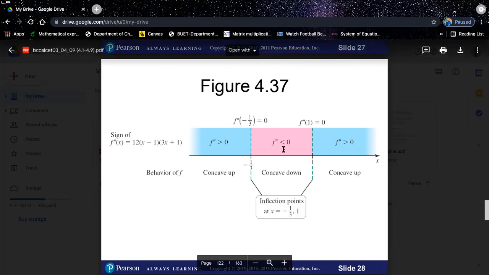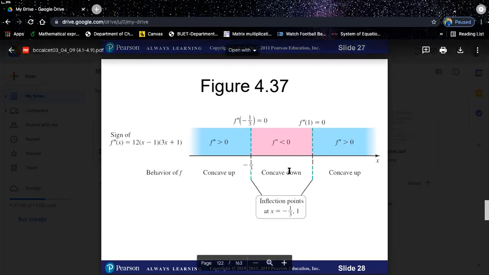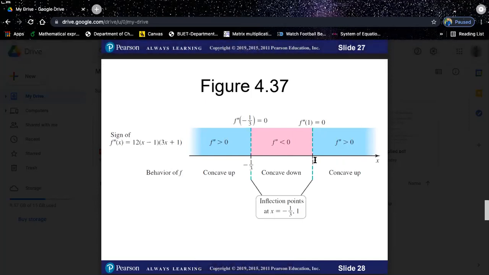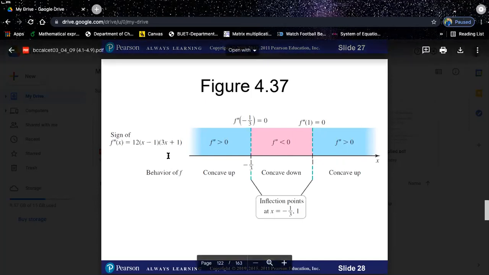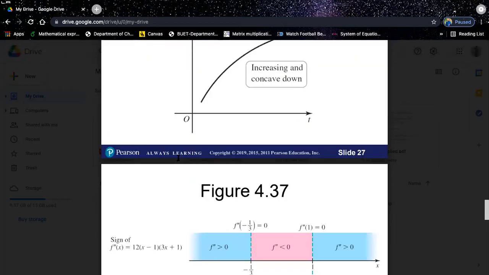You can see the second derivative is negative. If you pick any value within this interval, you'll see it's negative. Same goes for this one. If you pick any value greater than 1, you'll see the second derivative is positive, okay?